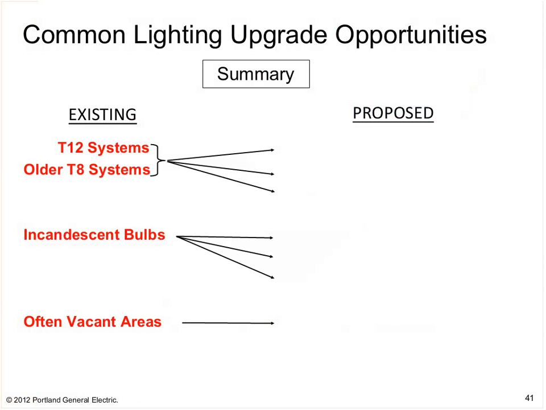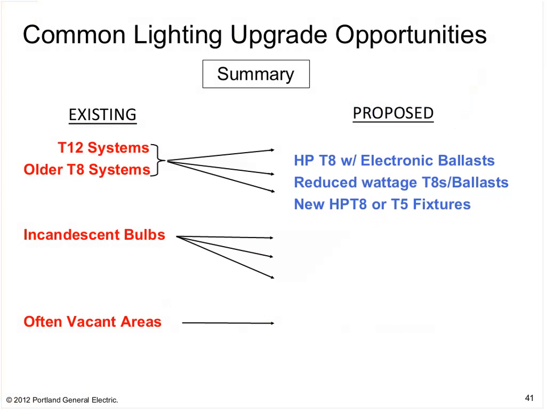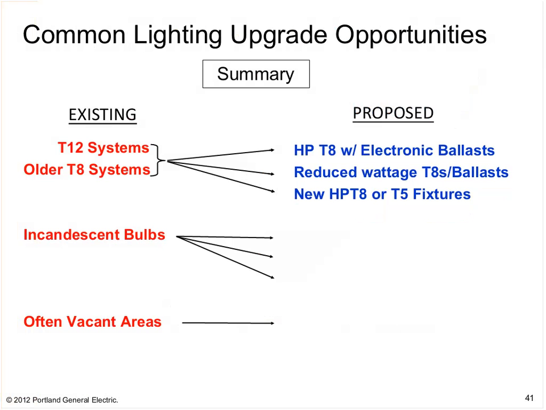So to summarize, if you have a T12 system or an older T8 system, you can go to the high performance using either the full wattage or the reduced wattage T8s and ballast, or new high performance T8 or T5 fixtures. Those would qualify as well.